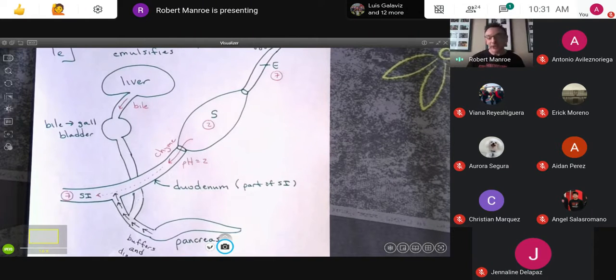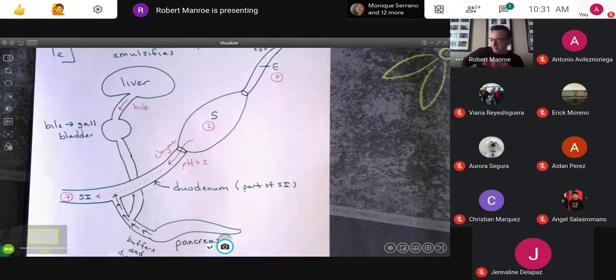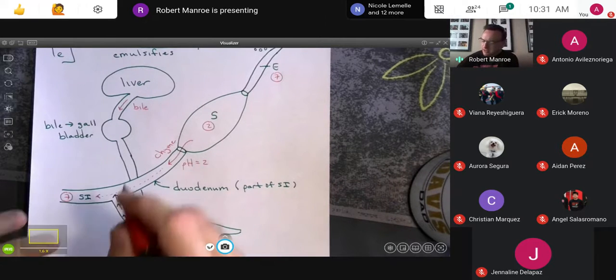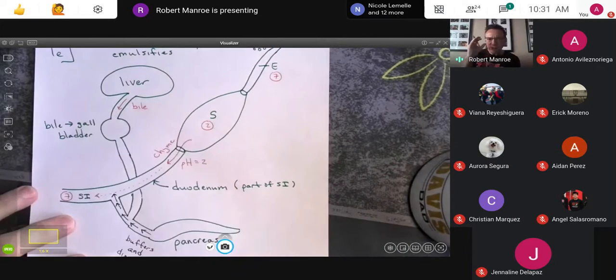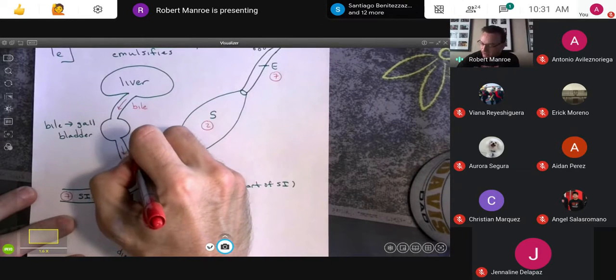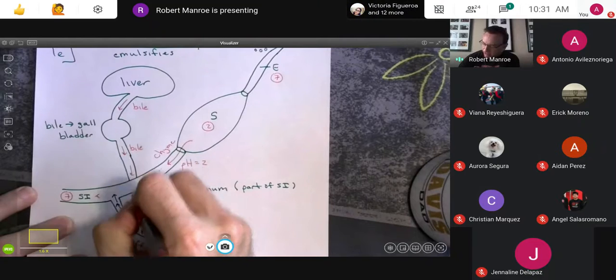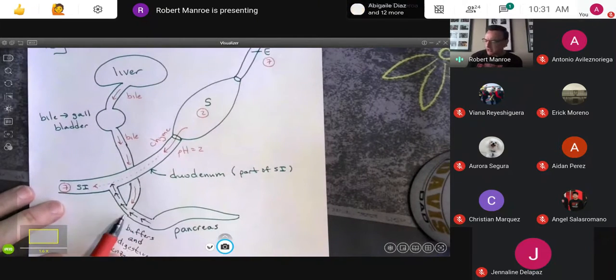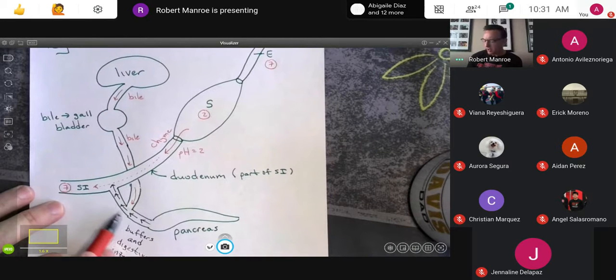This sits right under your liver and actually on top of your pancreas. Whenever you eat a high fat diet, the gall will be released and diluted back into bile. And then the bile flows down and joins the same duct that the pancreatic juices are flowing through.